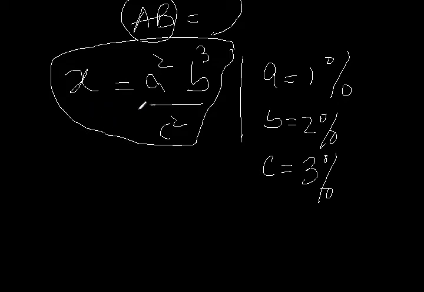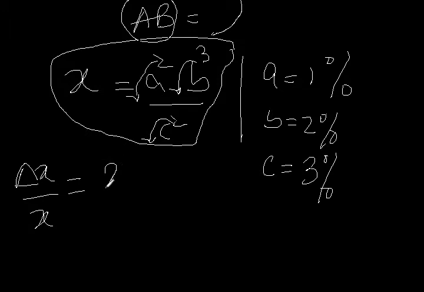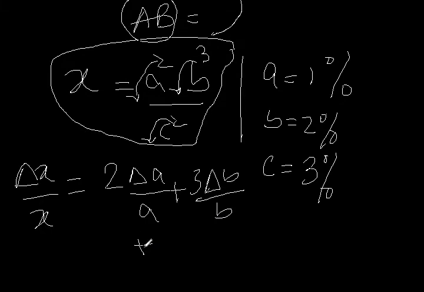Instead, we can simply put this as a relative error of del x by x, which is dx by x. Then bring the power in front and multiply, bring the power in front and multiply, bring the power in front and multiply. It comes to 2 del a by a plus 3 del b by b, and then again plus, mind you, even if it is in division we have to add here, so plus 2 del c by c.